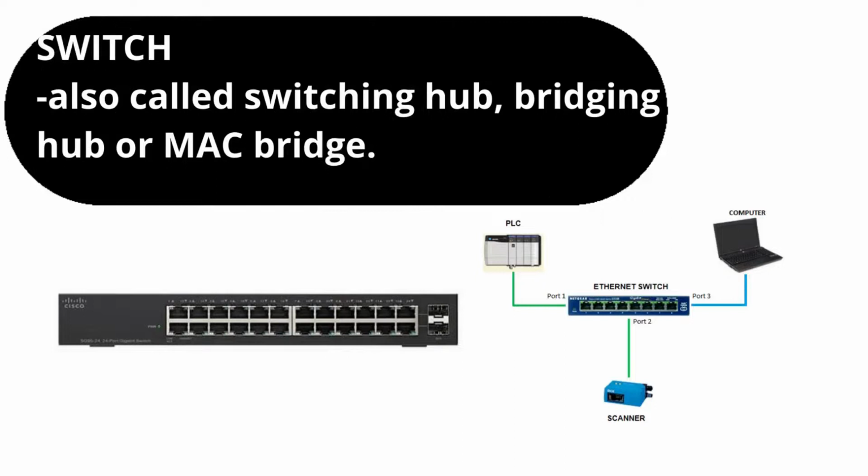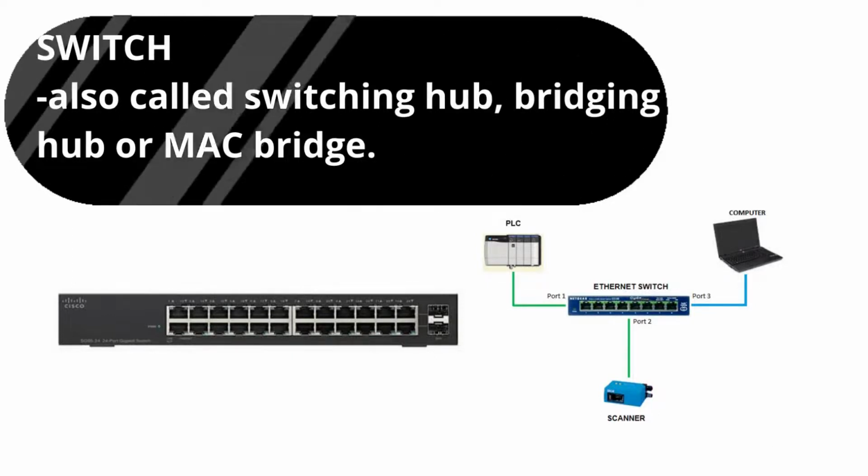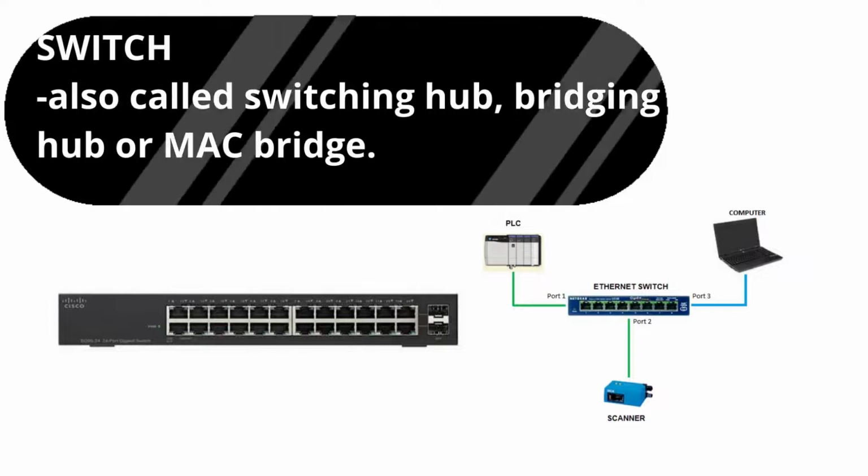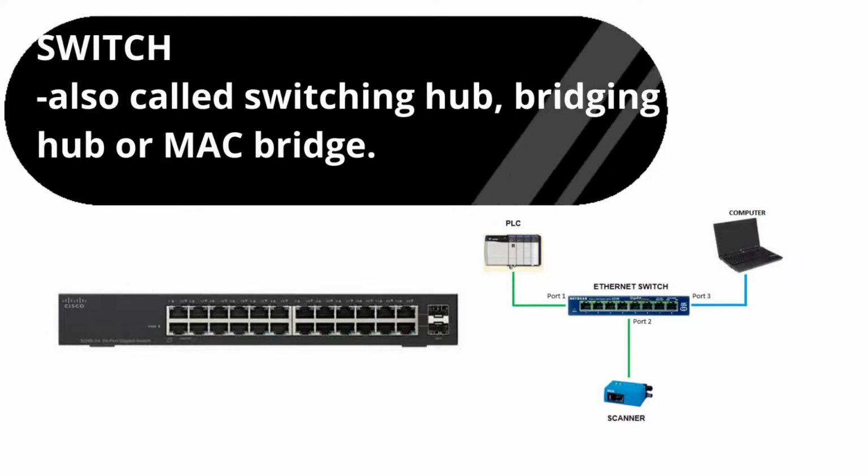But unlike the hub, it is intelligent because it addresses devices that are connected to the directly intended port. So it can now filter the address based on the port that you directed on the switch.